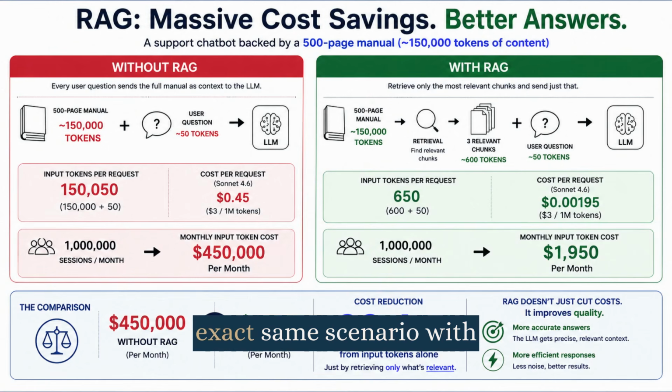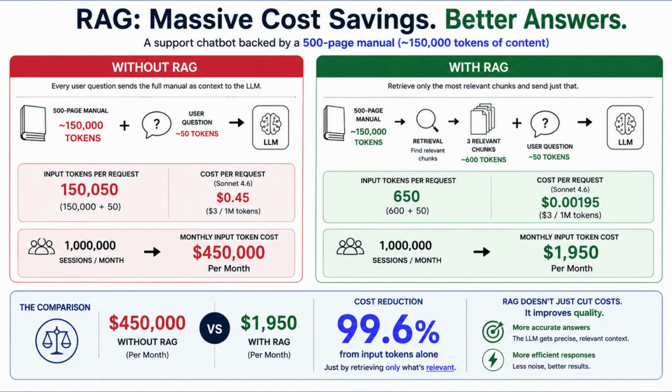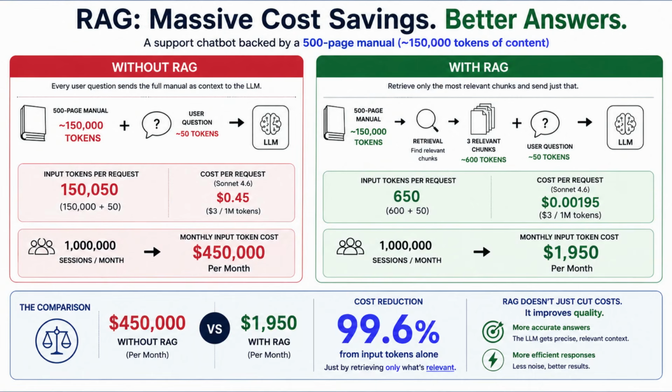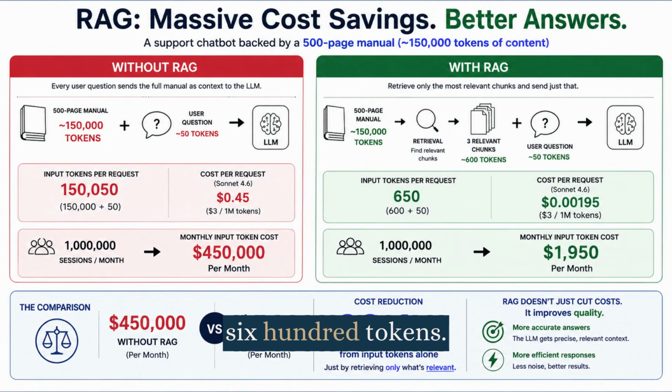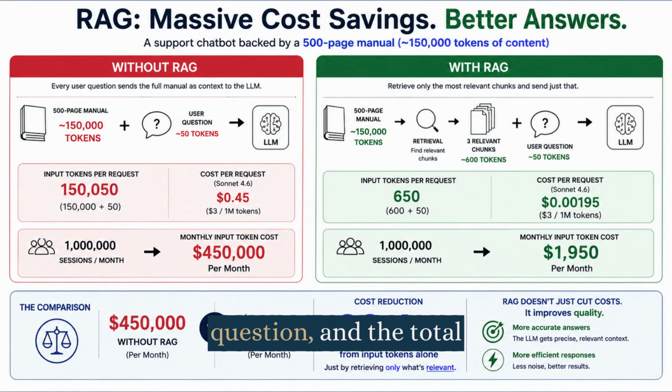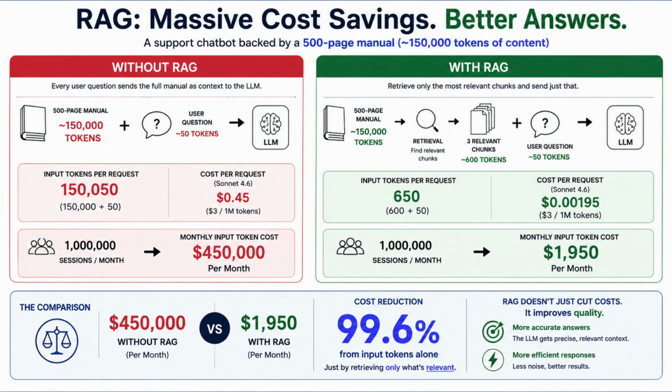Now let's see the exact same scenario with RAG. Instead of sending the entire manual, RAG first searches for the most relevant information. Maybe it finds 3 useful chunks. Together, they contain about 600 tokens. Add the 50 token user question, and the total context becomes only 650 tokens.